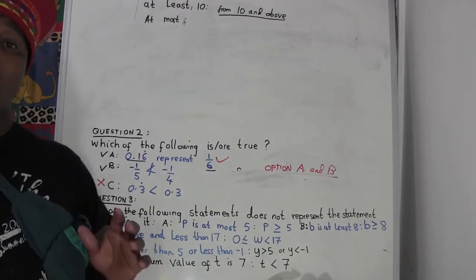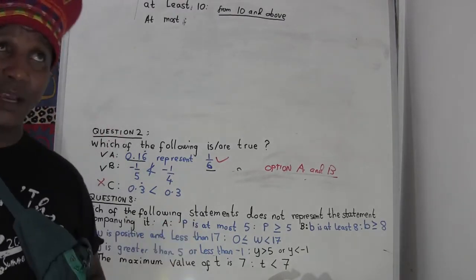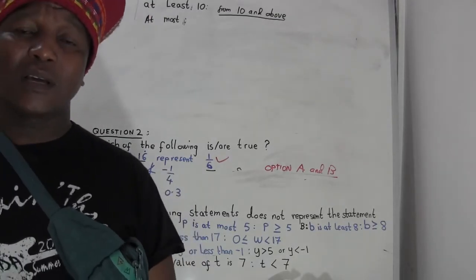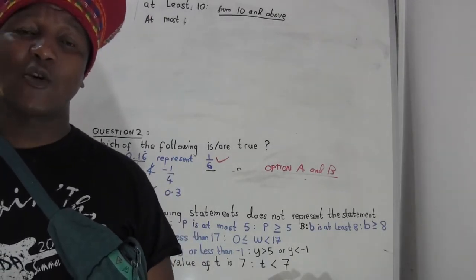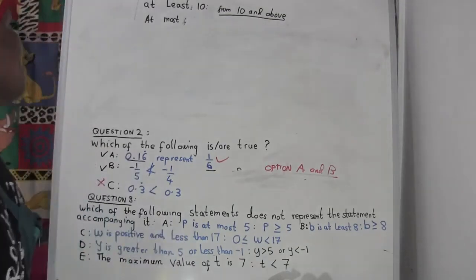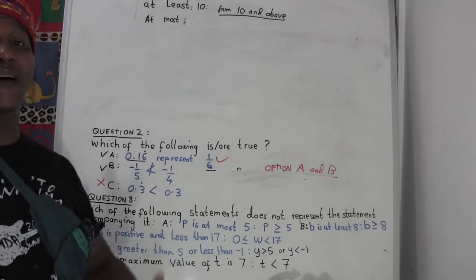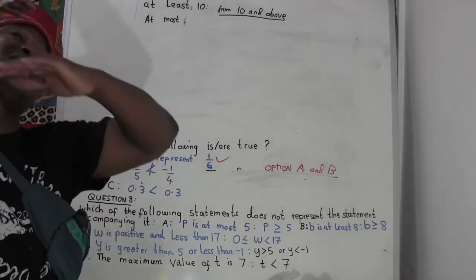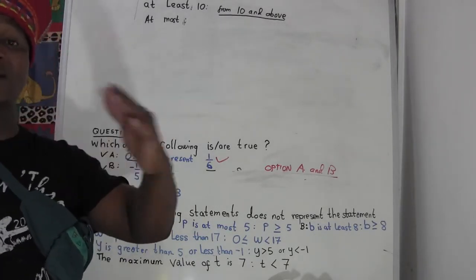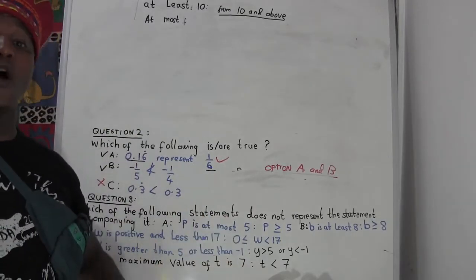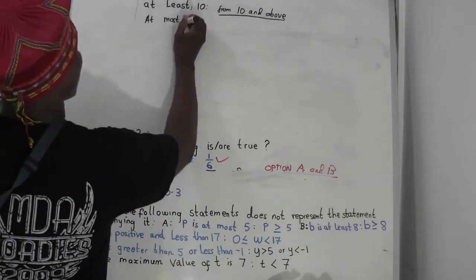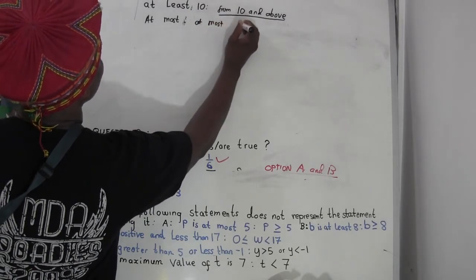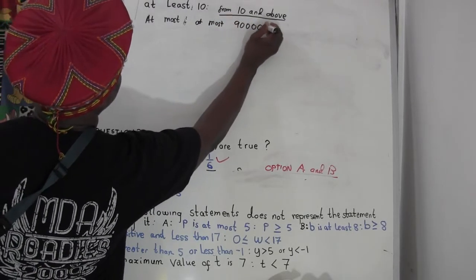So let's say Cape Town Stadium, because that's where I am right now. The Cape Town Stadium has a capacity, or it can take people at most 60,000. Means not more than 60,000. Means at most, the highest level is 60,000. Means no more than 60,000. So the Cape Town Stadium can at most take, excuse me, sorry, 90,000.